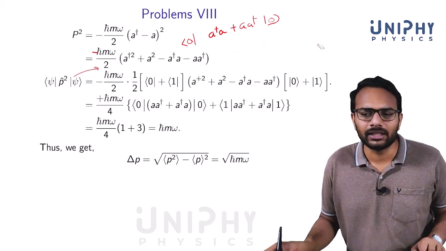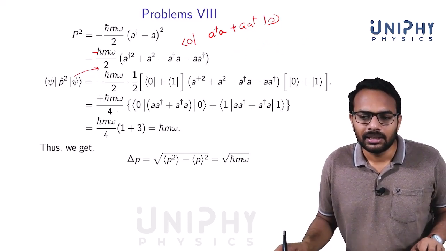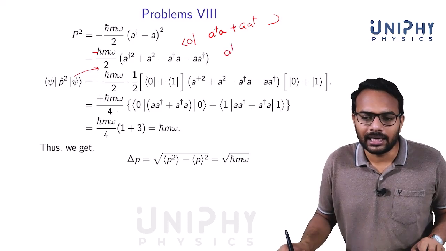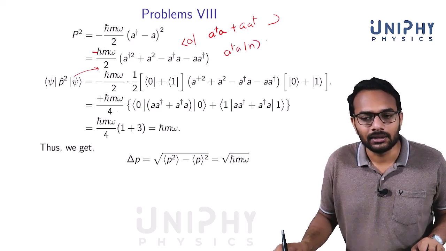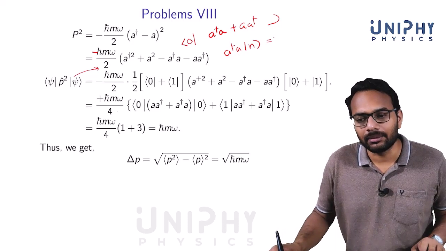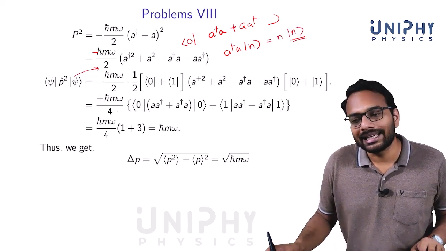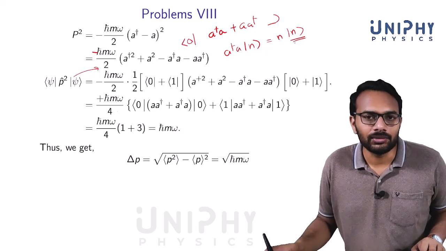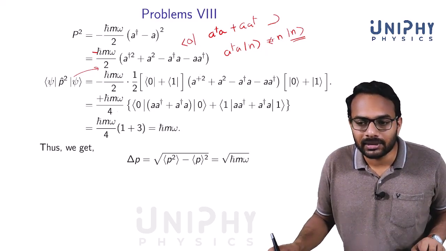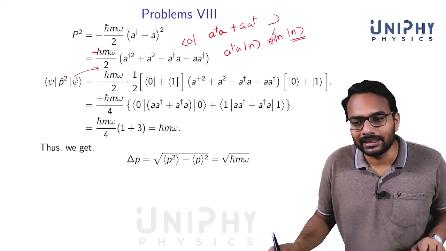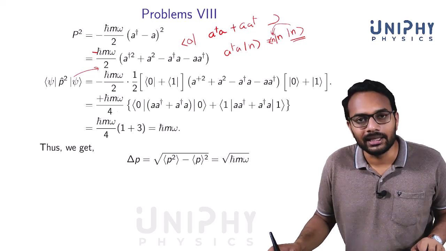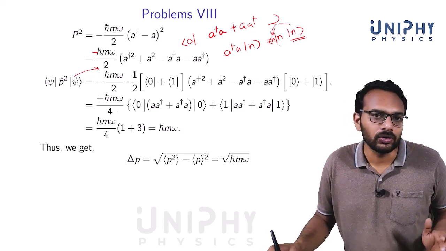That's not very difficult to see, because for example a dagger a acting on n is the operator n cap, whose eigenvalue is n multiplied by the ket n. This is the eigenvalue equation. So the only non-zero term comes when you have exactly the same n here; otherwise, by orthonormality, that term will vanish.